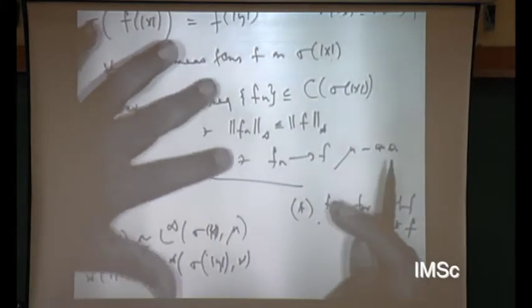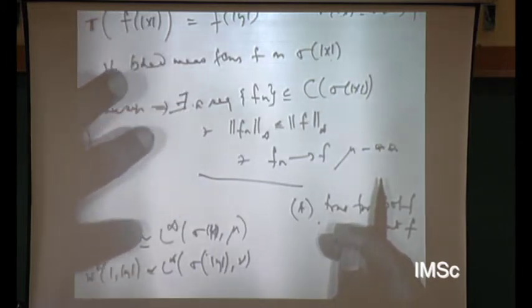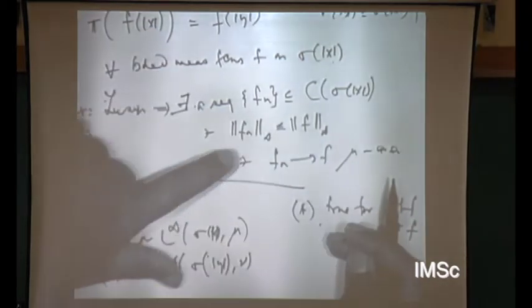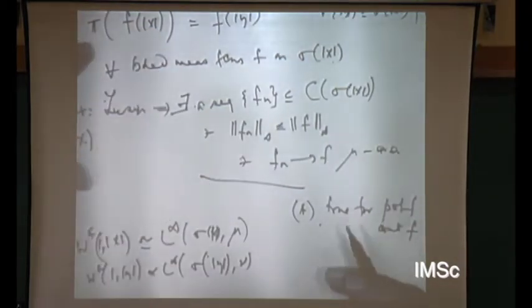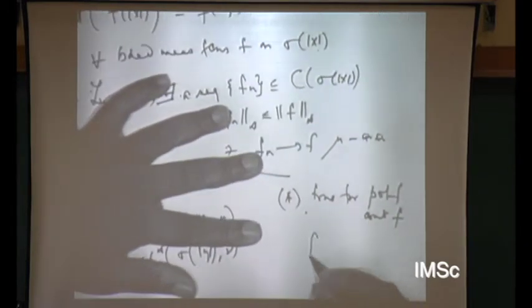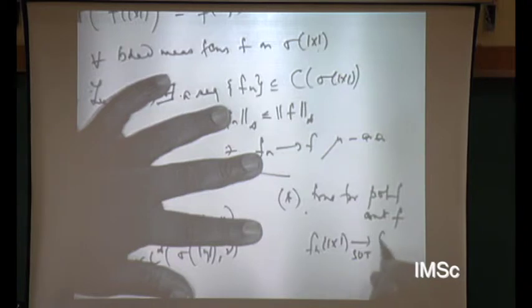If you have bounded continuous functions which converge almost everywhere, then f_n of mod x will converge in strong operator topology to f of mod x.